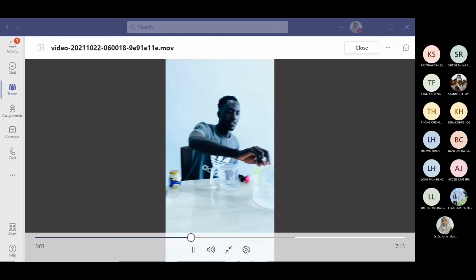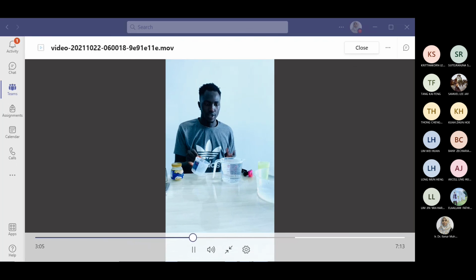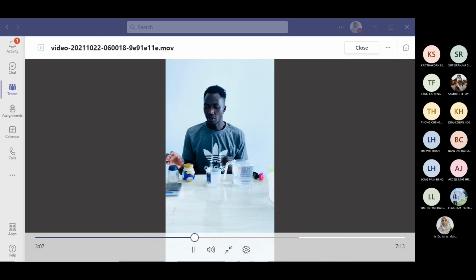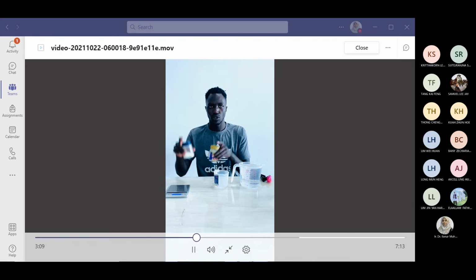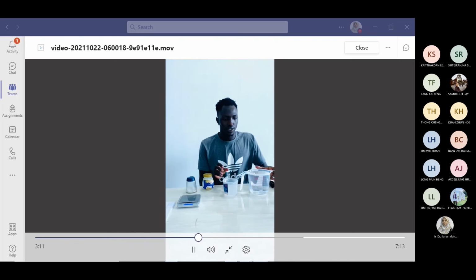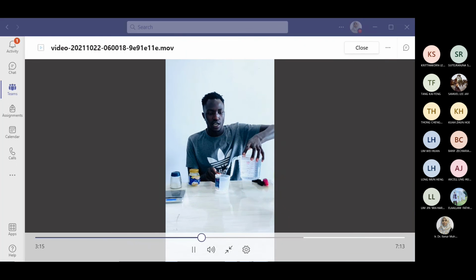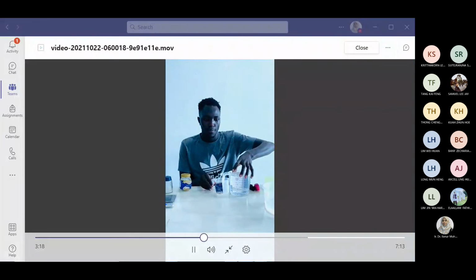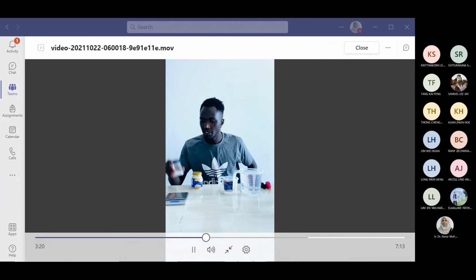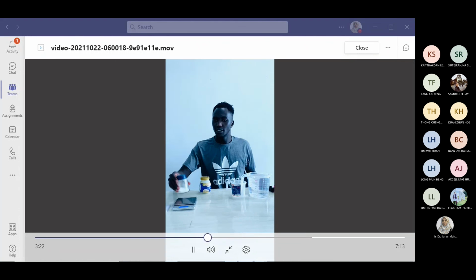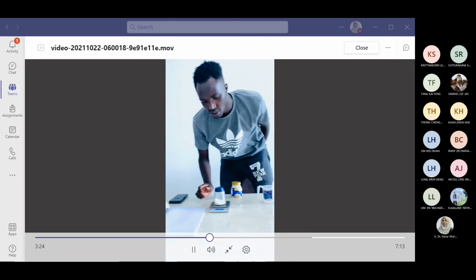Okay. So right now, what we're going to do next is, I have my tin 1 and tin 2. So tin 1 and tin 2, we shall first start by measuring their weights. So I will start by measuring the weight of tin 1.